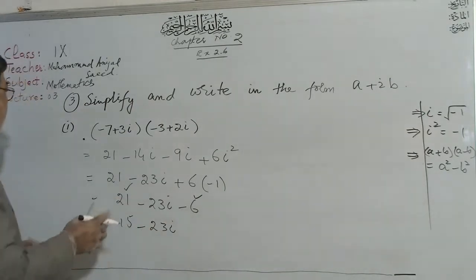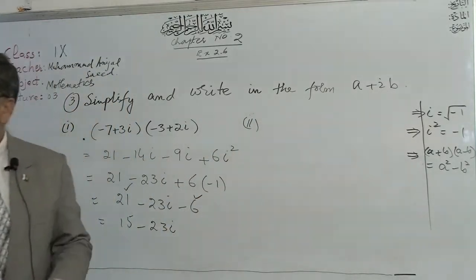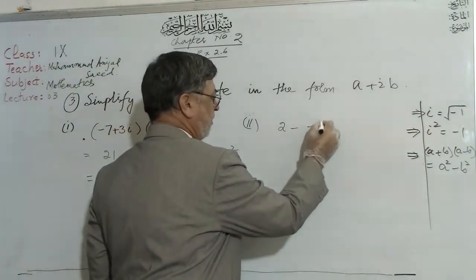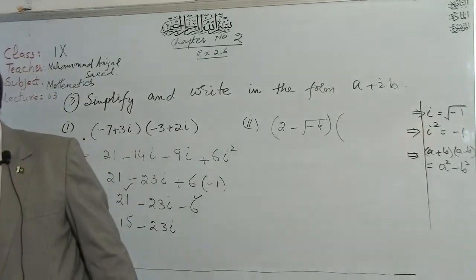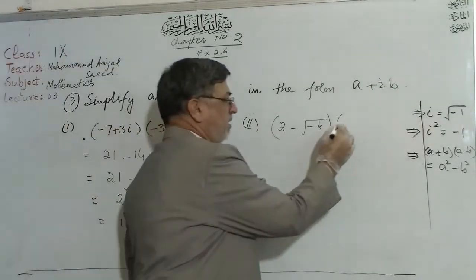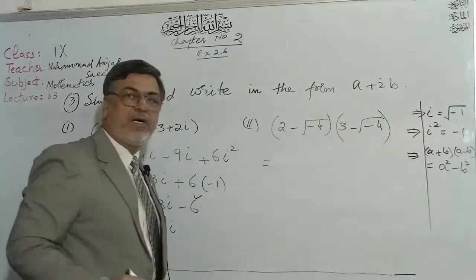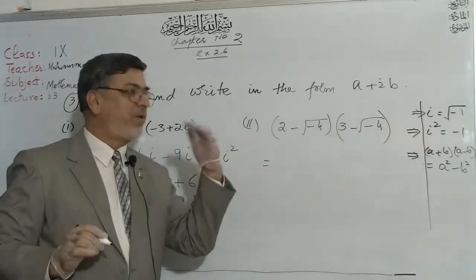Similarly, we can have part number 2: minus 4 under root, then 3 minus 4 under root. First of all, we will convert this negative square root in terms of iota.